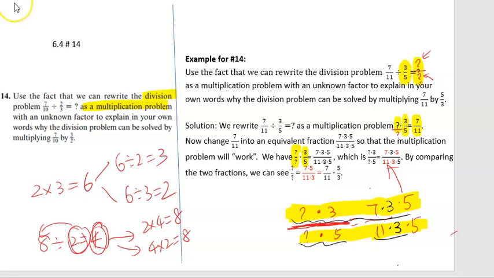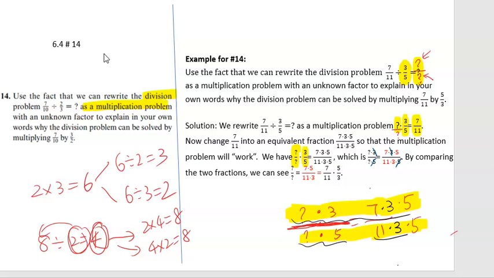Instead of solving them separately, what I did in the explanation was to ask, okay, what is this question mark? What we did is cross out this 3 from the top and this 5 from the bottom.